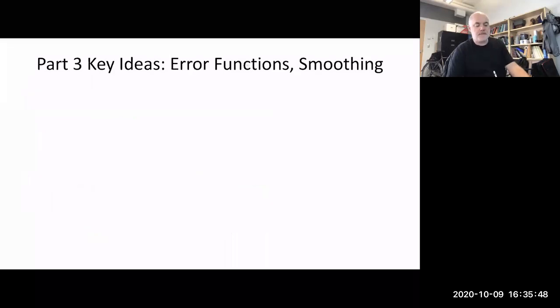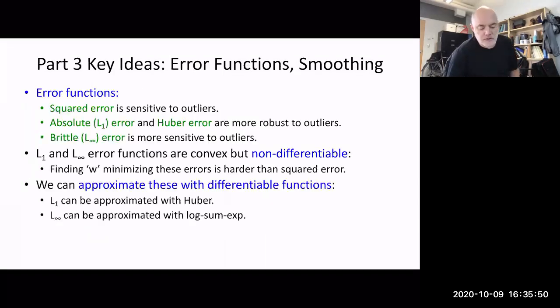And then today, we talked about error functions and smoothing. We've been talking about the squared error all along, and that's part of our model. But now we know about the absolute or L1 error and its Huber error approximation, which makes the regressor more robust to outliers, and the L infinity error is more sensitive. The L infinity norm is more sensitive to outliers.